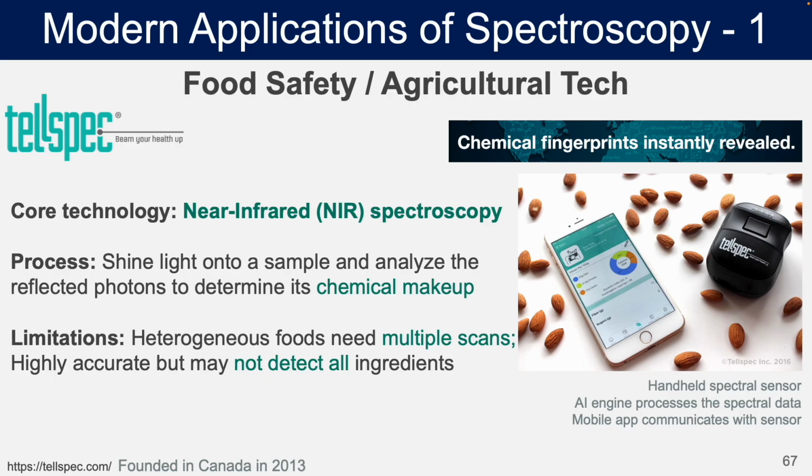Of course, there are challenges. Heterogeneous foods often need multiple scans, and not every component can be detected. But even with these limits, this technology is already revolutionizing agriculture and consumer safety. In short, spectroscopy literally helps us to see what we eat.